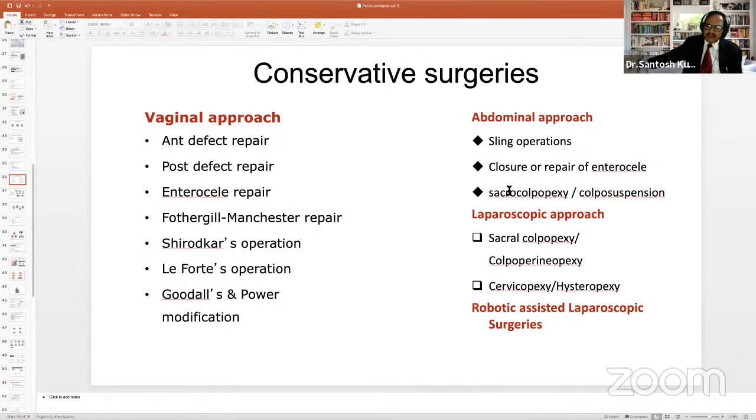If the uterus is not there, hysterectomy has been done, only the vagina is there and vault prolapse is there, colpo suspension. Vagina can be fixed with mesh to the pelvic wall, that is the sacrum. Colposacropexy.